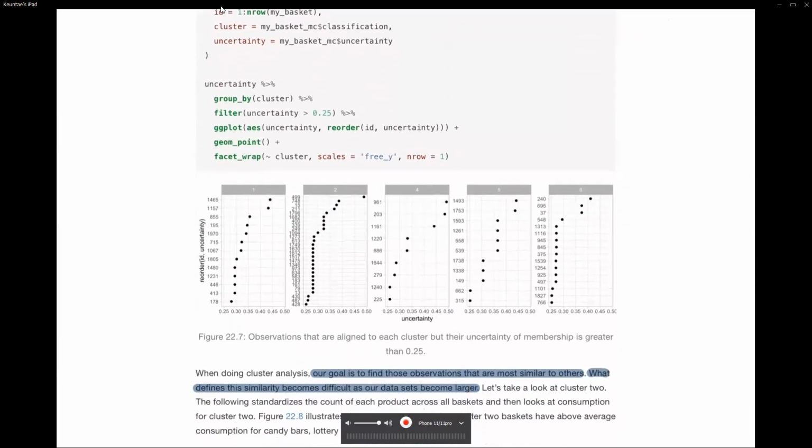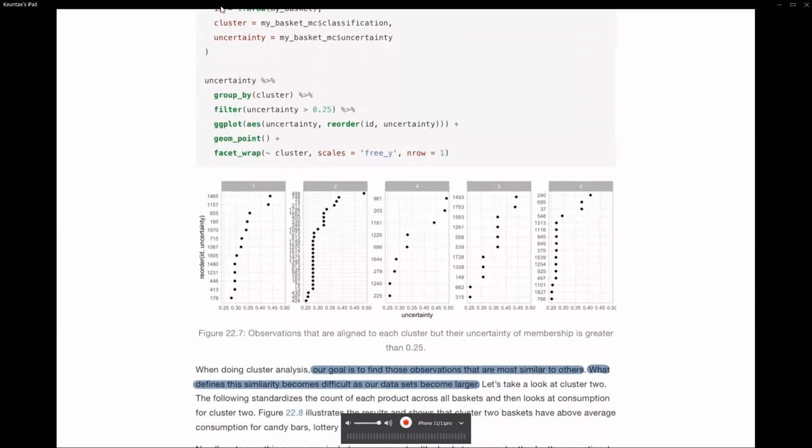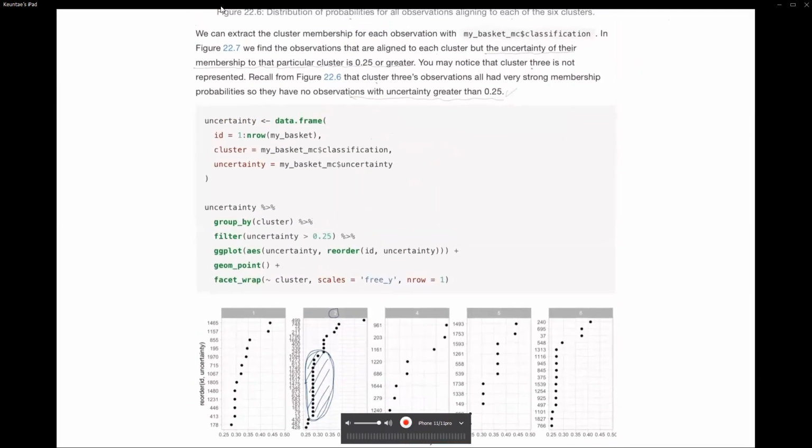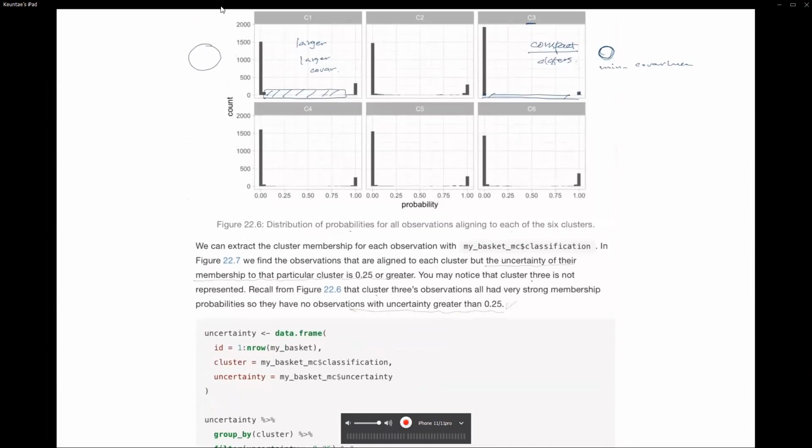And also, it's the same thing when we think about the uncertainty curve. In the case of number 2, there is a lot of uncertainty coming up in here. Having a lot of uncertainty within the cluster means that this C2 has the largest cluster and the largest covariance within the data.